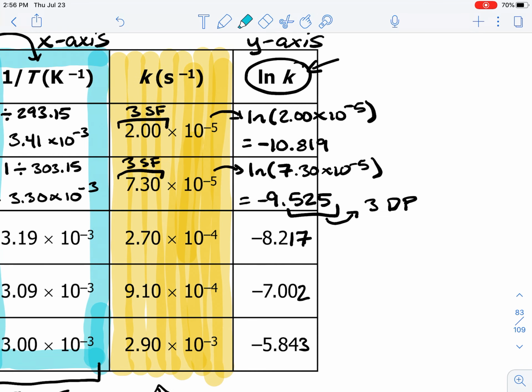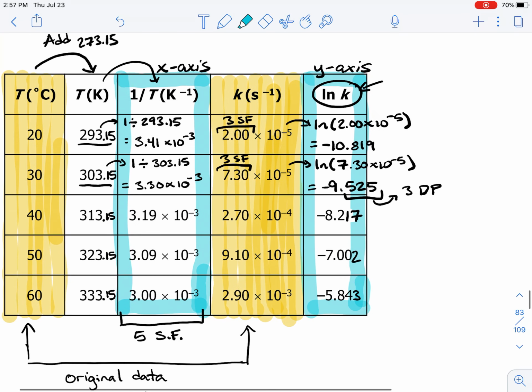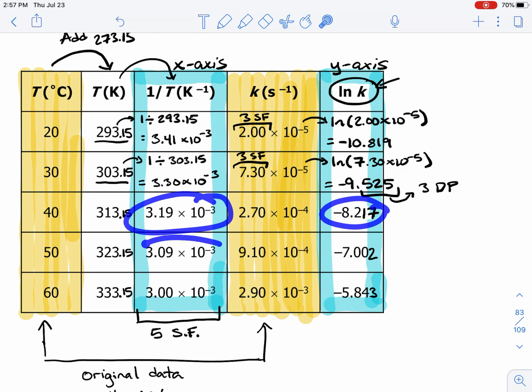And so once you've filled in this column, you guys now have all of the points that you need to plot this on a graph. And so basically, this is going to be 1 point on the graph. This is going to be another point on the graph, another point on the graph, another point on the graph.